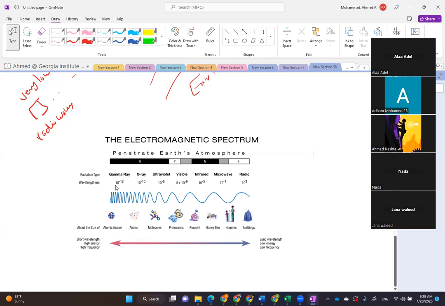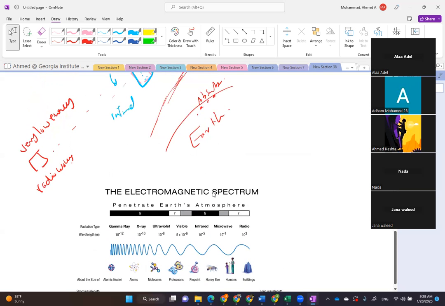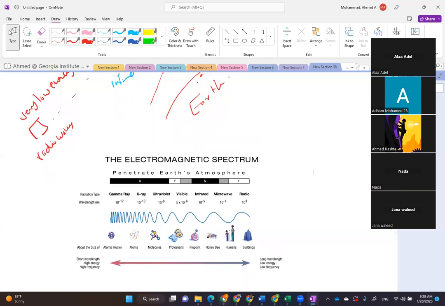So gamma rays, the most energetic radiation, then X-ray, ultraviolet, then visible, and then infrared. Infrared, between visible and microwave, is considered to be low energy and high wavelength.